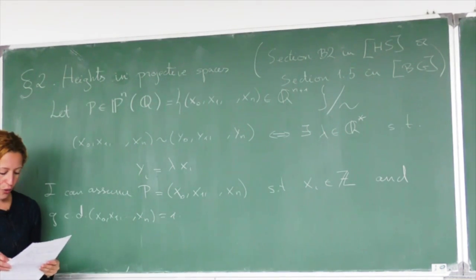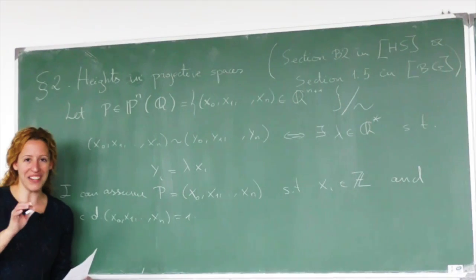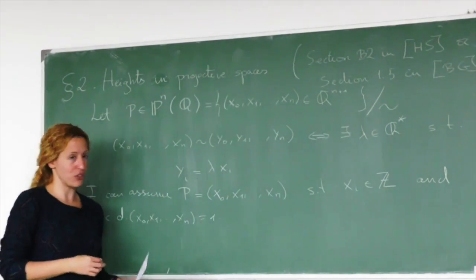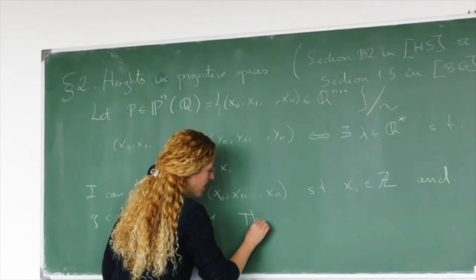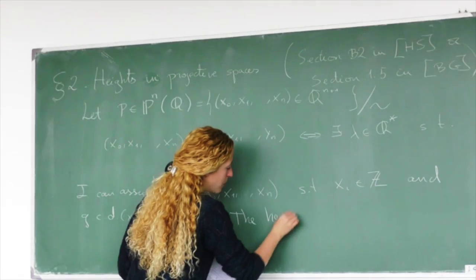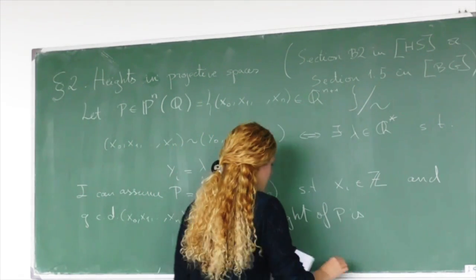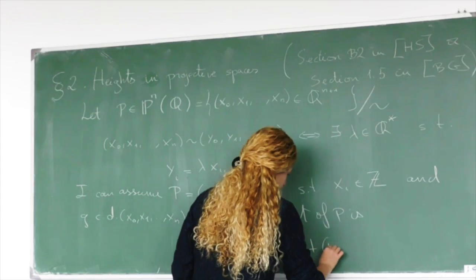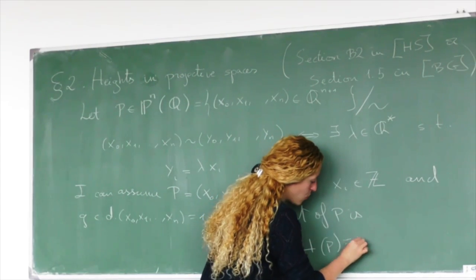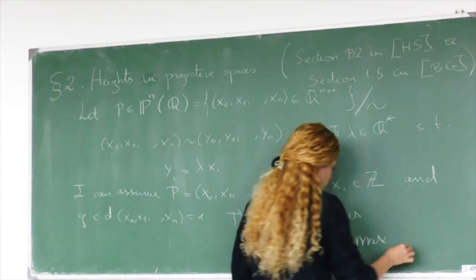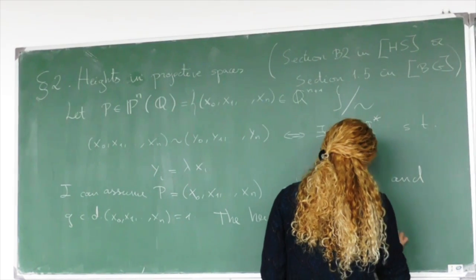Okay, so now in this setting, I'm going to define finally the height of the point P. The height of P is the maximum of the absolute values.